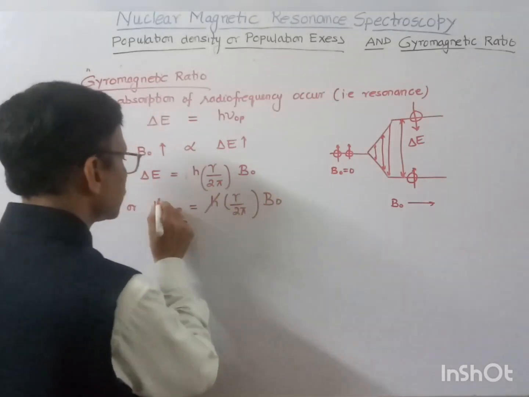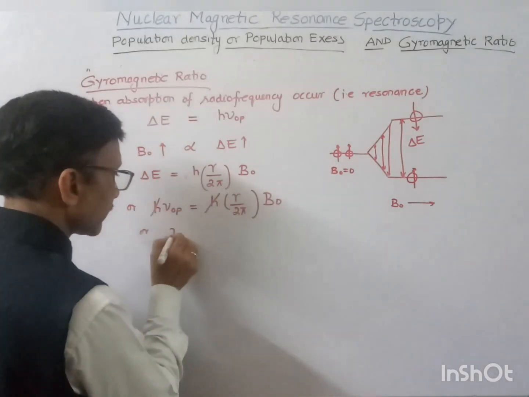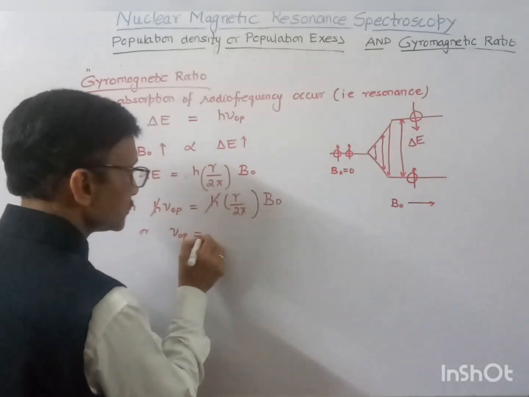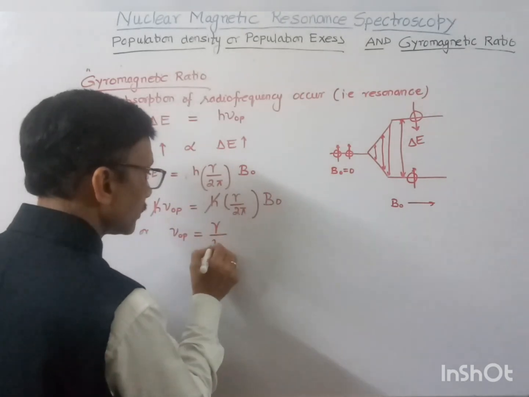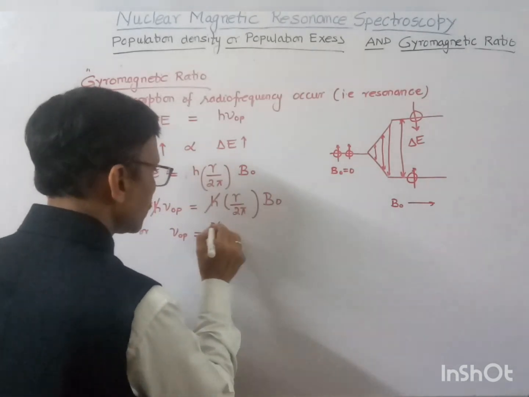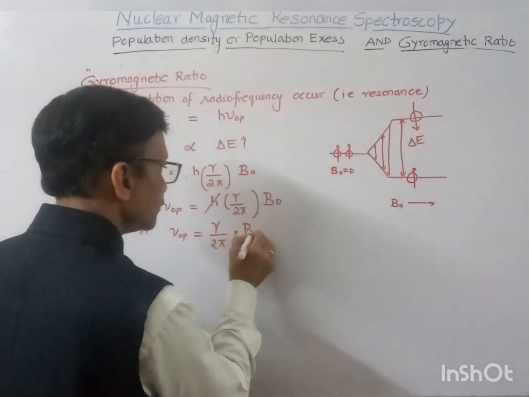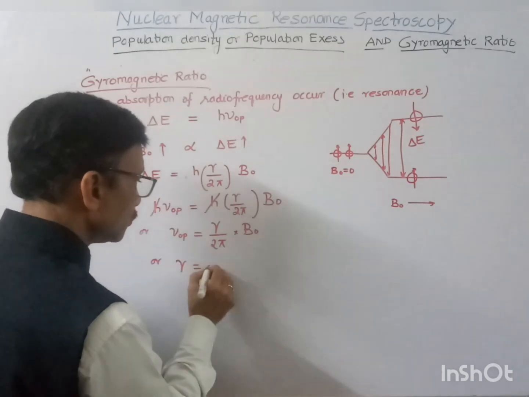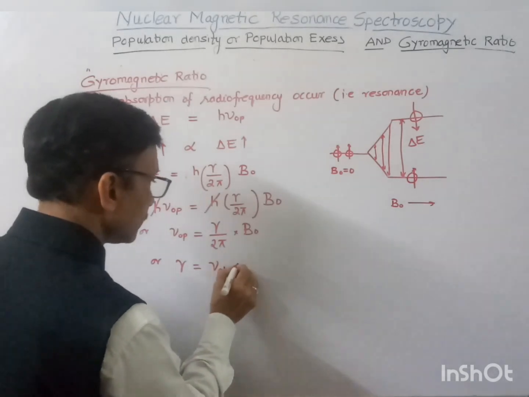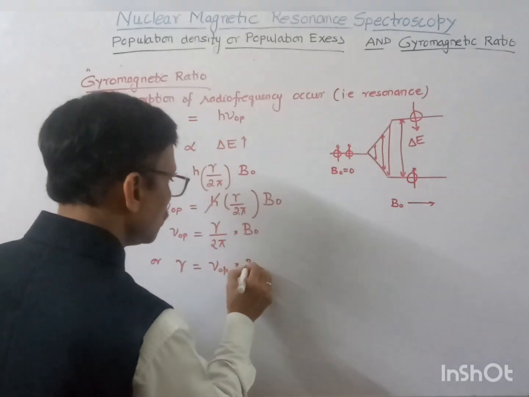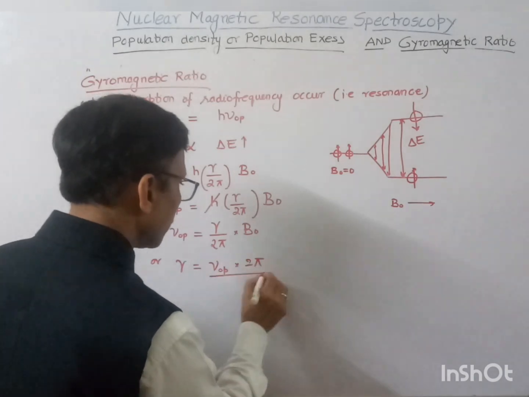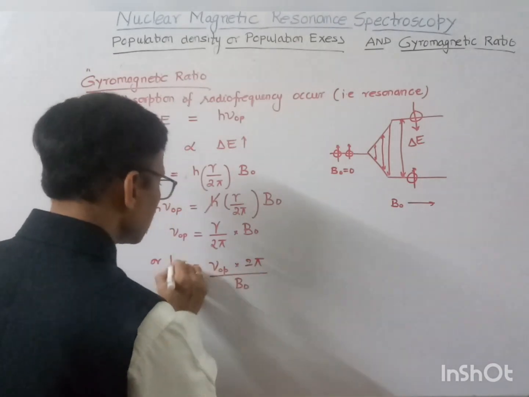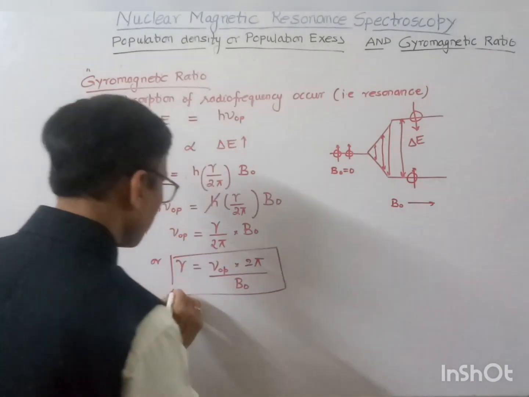So h will cancel out, and we can write nu operating is equal to gamma upon 2 pi multiplied by B0, or gamma is equal to nu operating multiplied by 2 pi divided by B0. This is the value of gamma.